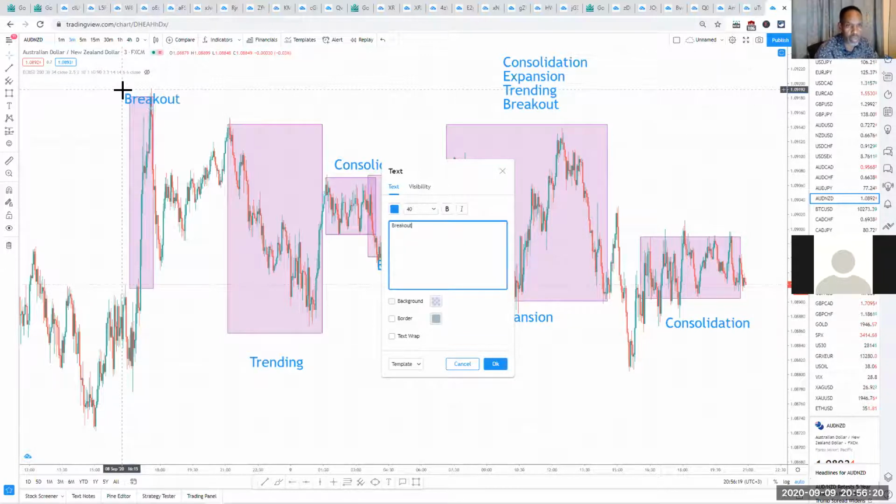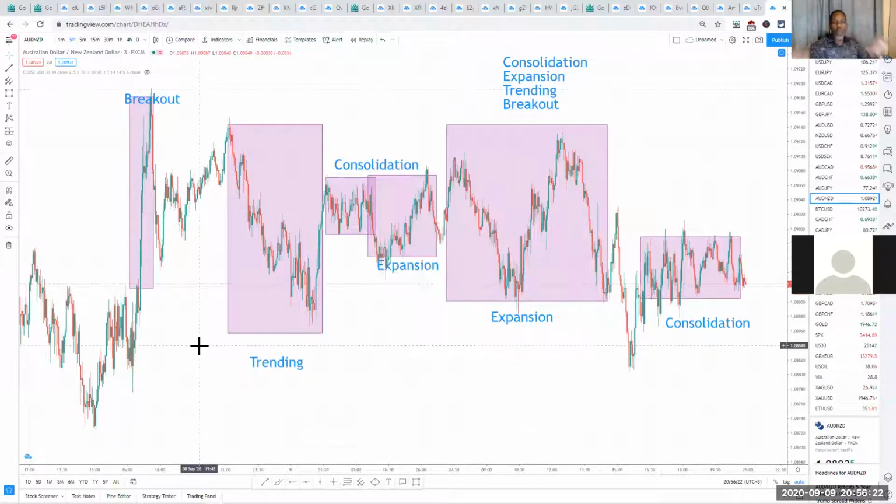A breakout. Okay, so when you know these particular types of how the market is behaving, then you can manage the market very well. Now, the market consolidates most of the time, and also trends most of the time.